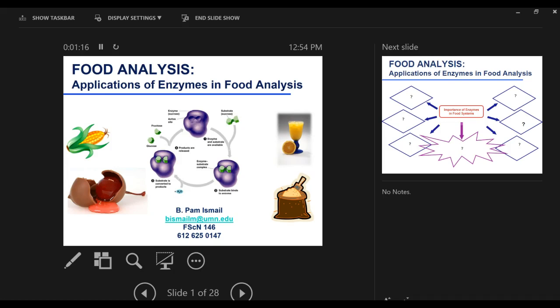Application of enzyme to this analysis. That's not document analysis. I have 2018, an old one. Where is it?